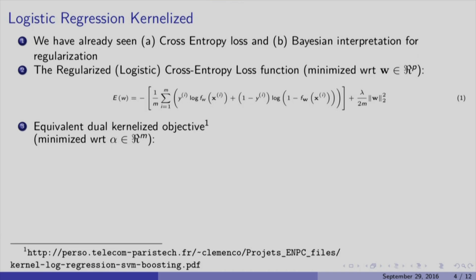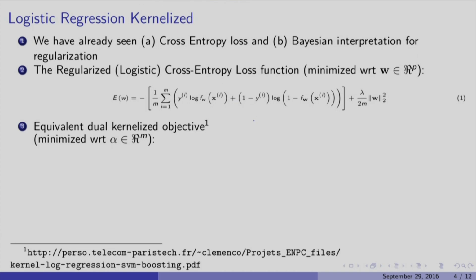One can also come up with an alternative representation for logistic regression using the kernel, and this basically can help us deal with very large dimensional feature spaces. So recall the regularized cross entropy loss function.